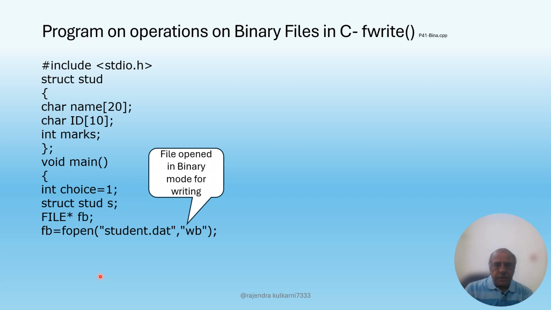So wb denotes that file is opened in binary mode for writing. So when a file is opened in a write mode, if there is no file available with the given name, a new file with the name student.dat will be created in a binary mode.